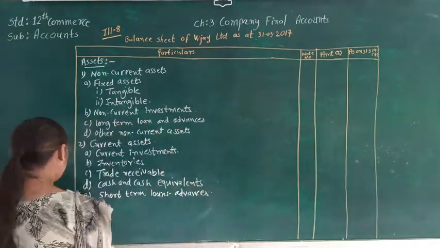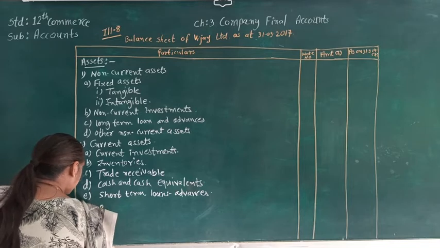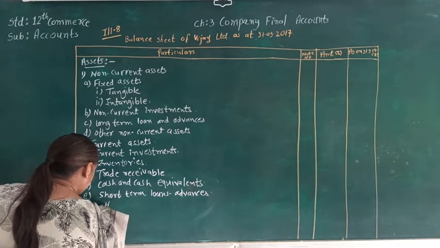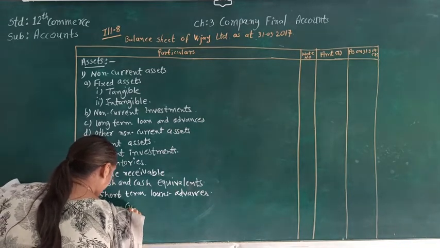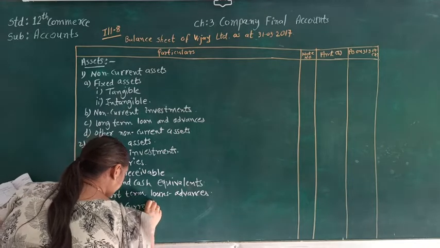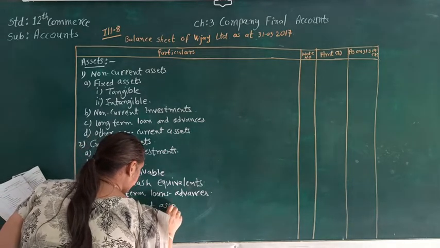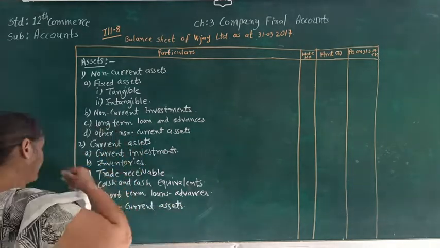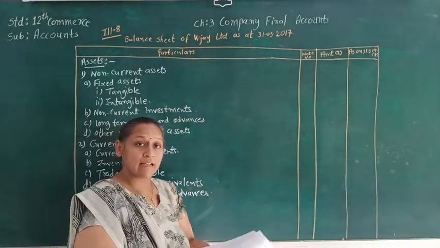And the last one is other current asset. So these are the heads, and now let's put the balance of that account.